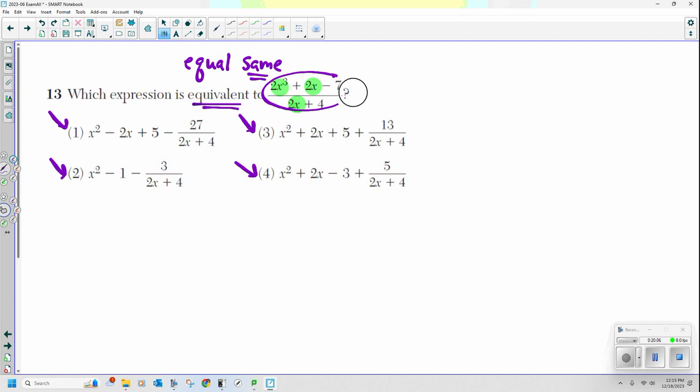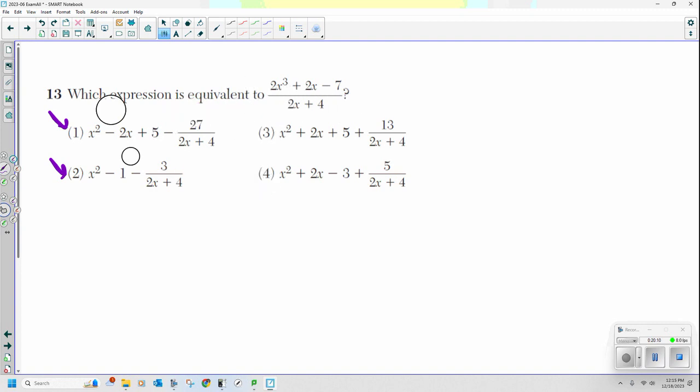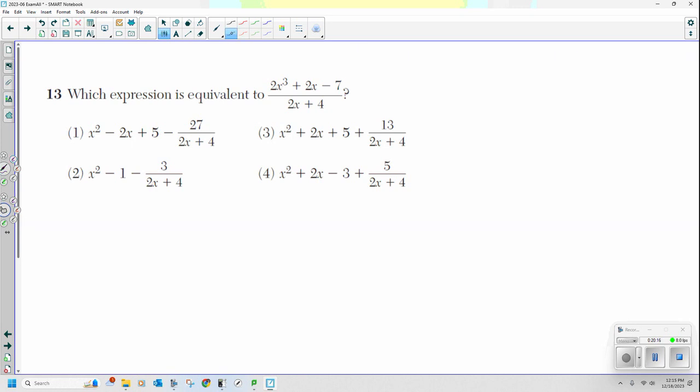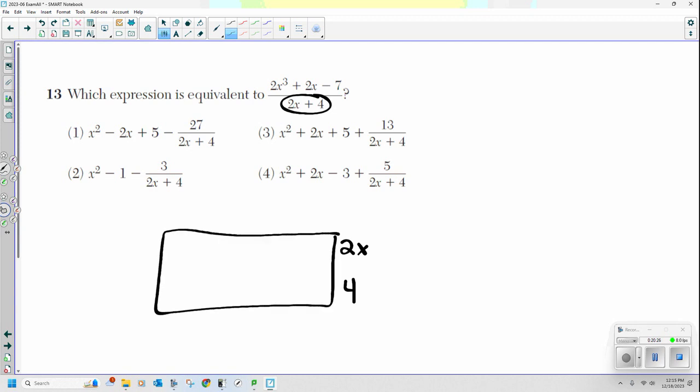All right? Now, I am going to show you how to do polynomial division. We're going to use reverse tabular. What does that mean? That means I am taking 2x plus 4, and I am dividing that into the numerator, right? But I notice that I don't have a term that has x squared in the numerator.